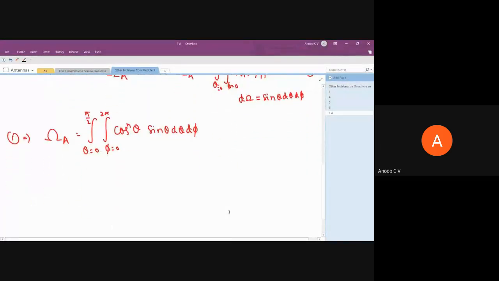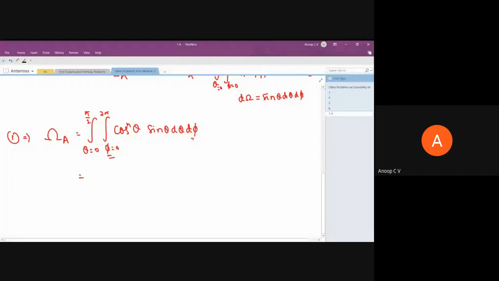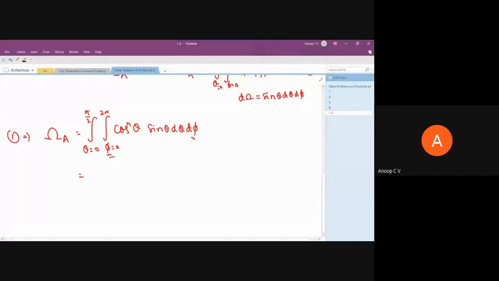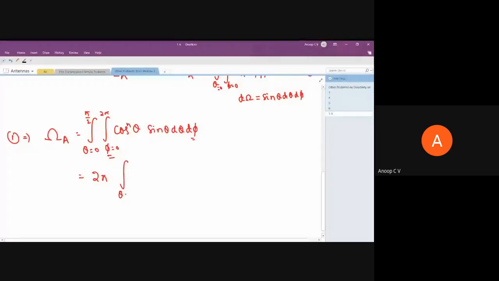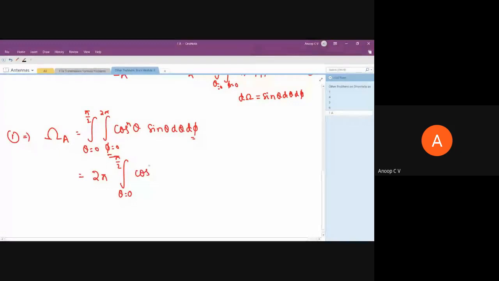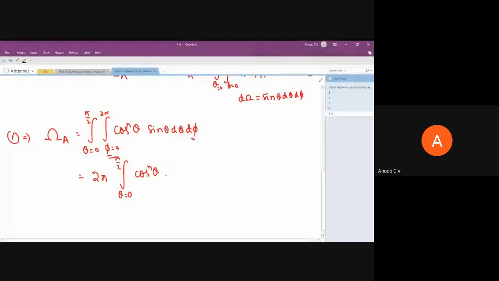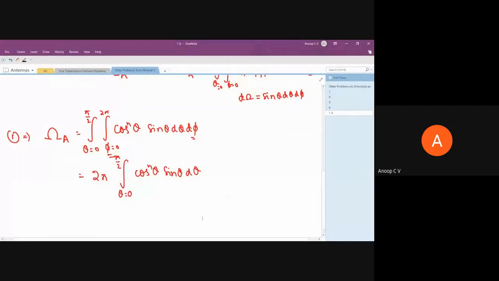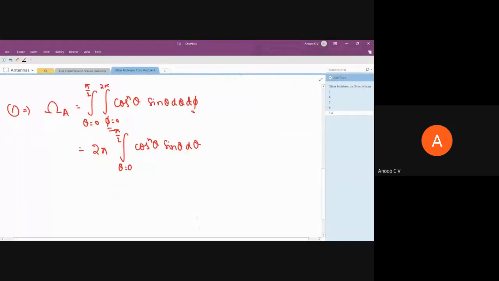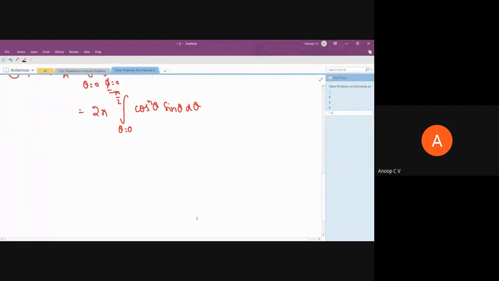So what we can do is divide it into two integrals. The integral of d phi will be 2 pi, so I can write 2 pi times the integral of theta from 0 to pi by 2 of cos power n theta sin theta d theta. We know this is a general integral, and as it has n, we can't use a calculator.